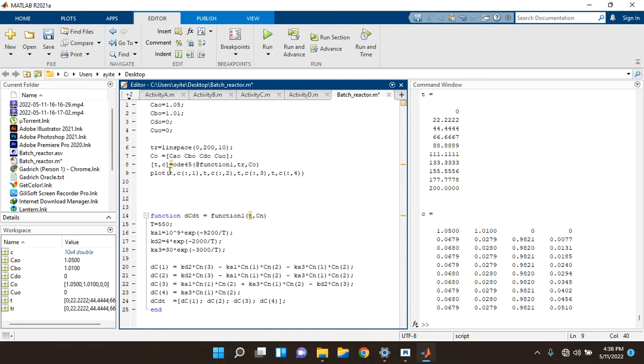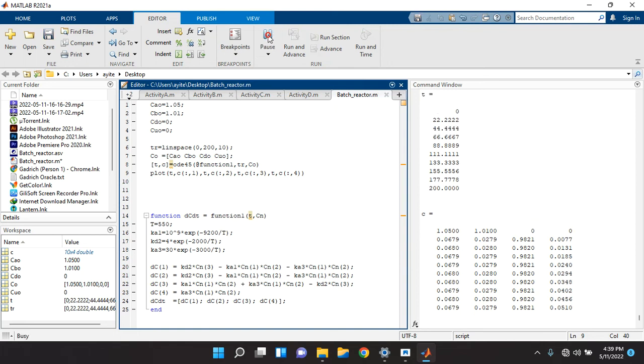So we are plotting t against all the concentrations in the first column, t against all the concentrations in the second column, which is the concentrations of B. The first column is the concentrations of A, second concentrations of B, third concentrations of D, and the fourth one is the concentrations of U. So t against concentrations of D, which is the third column, and t against concentrations of U, which is the fourth column.